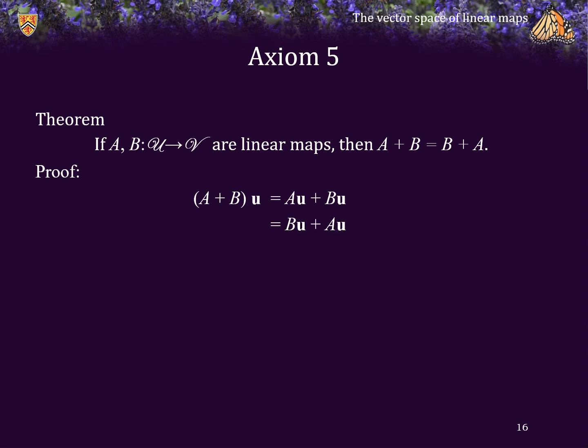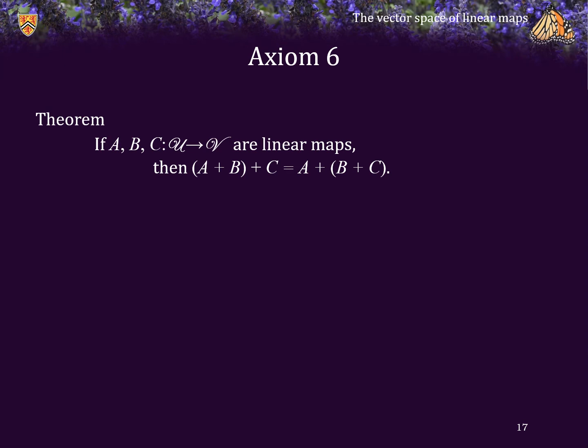But that by definition is the linear operator B plus A applied to U. And thus A plus B equals B plus A applied to all U. Thus those two linear operators are equal, and thus linear maps under this definition of linear map addition is indeed commutative.